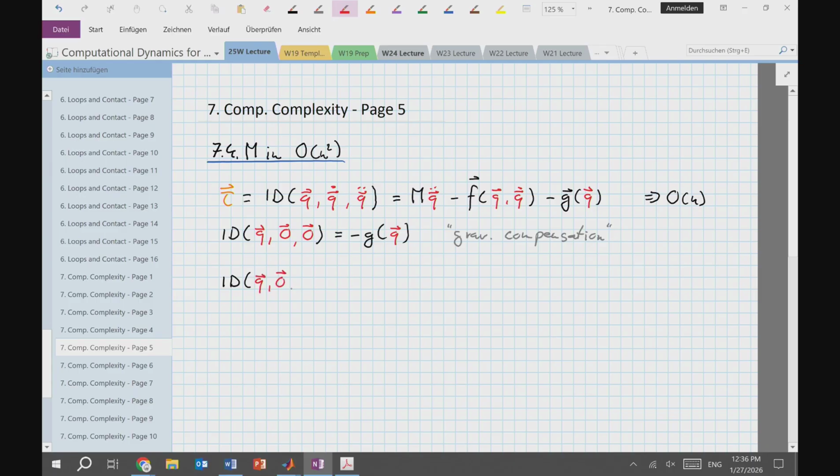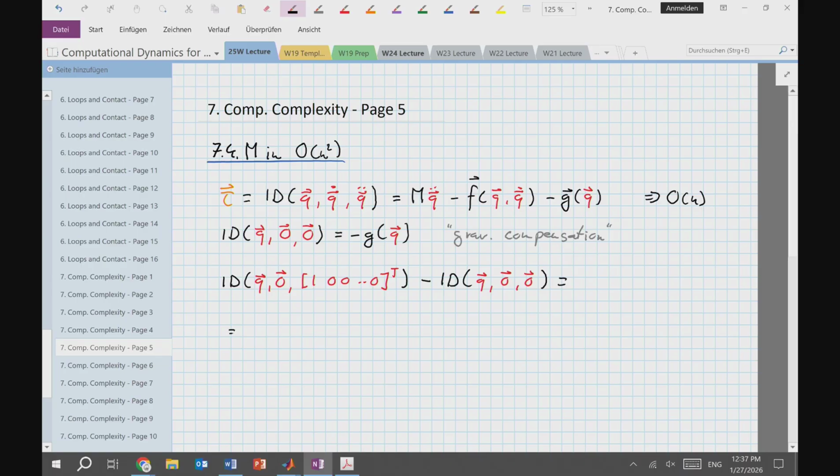of Q 0, and then I do a weird vector, which is a 1 in the first element and a bunch of zeros in the rest. And I subtract from that my gravity compensation. What is that going to be? So let's see, right?